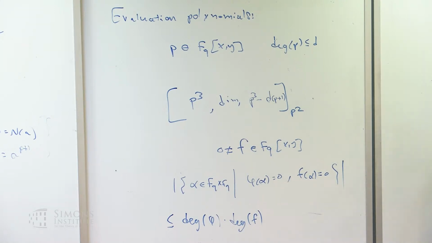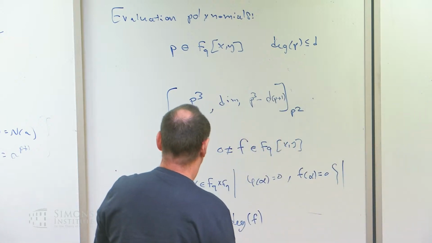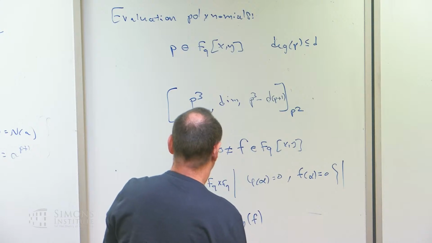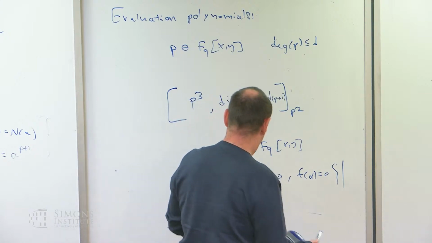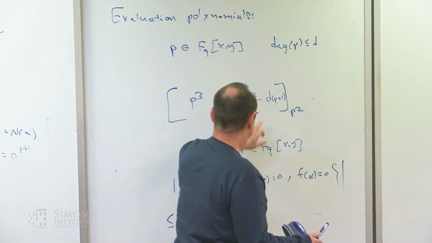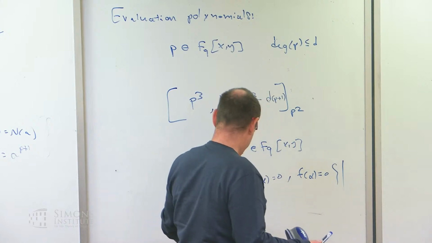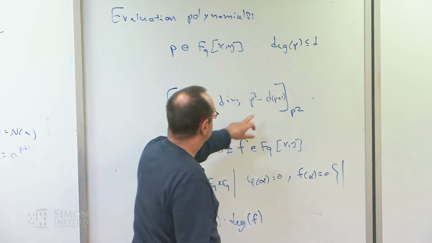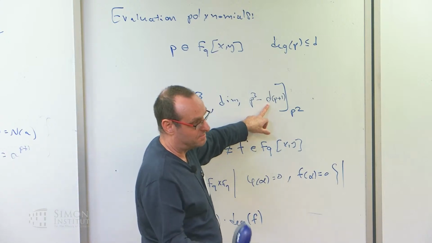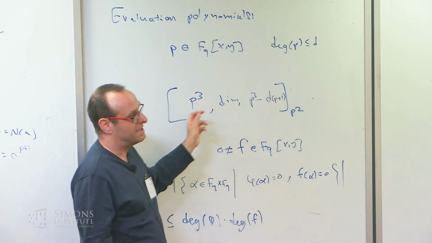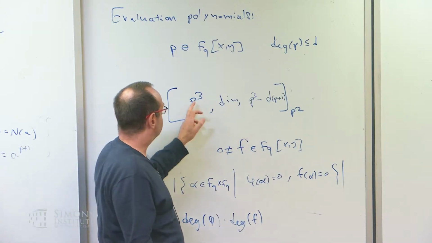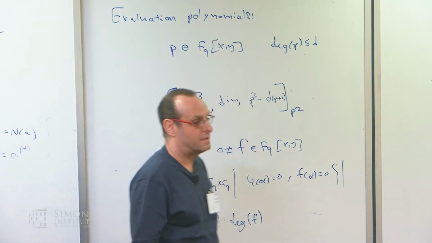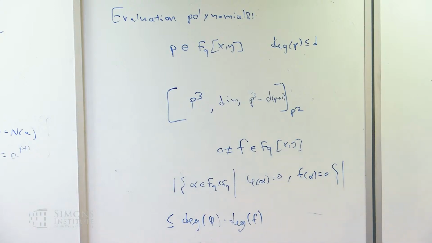And what's the dimension? The degree of f is d, and we've taken it to be less than p. Not necessarily, no. Actually, d can be up to about p squared, and then you would get a code with a constant rate, and in fact, it would be optimal up to the constant.